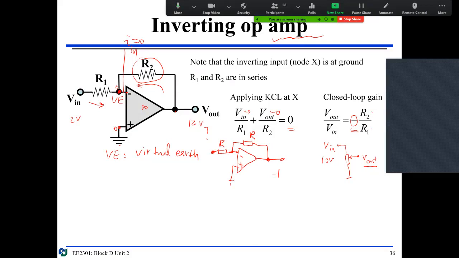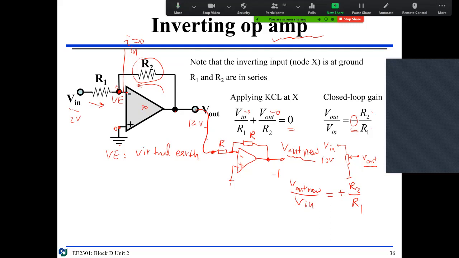You cascade this one to this one. So then V out new versus V in, what's this? Did you remove the minus sign? Yeah, you did. This is how we remove this negative sign. So inverting op amp, is this beautiful? Yes, it's very beautiful.